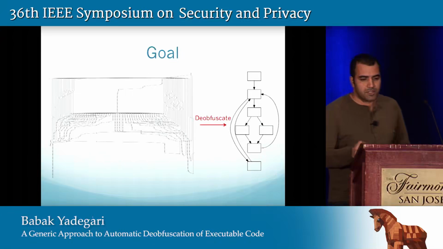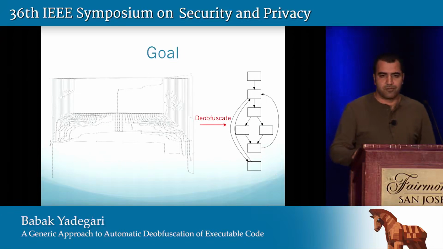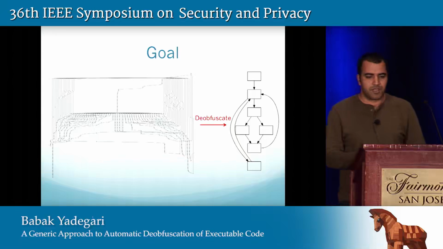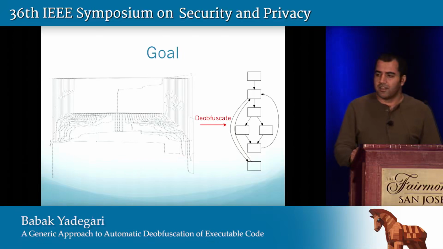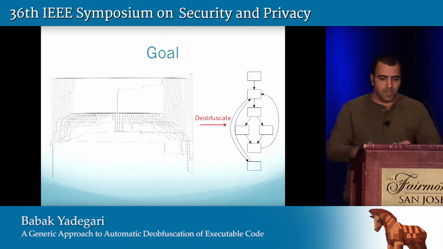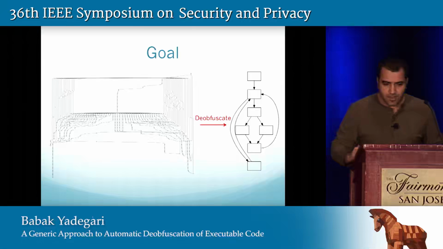So our goal is to have a technique or tool that, given an obfuscated program, can automatically identify and extract all the significant operations or the logic that was embedded in the obfuscated program and produce a simpler program.